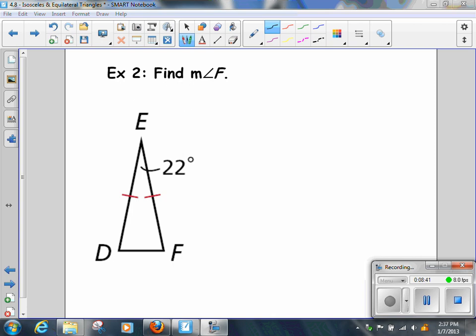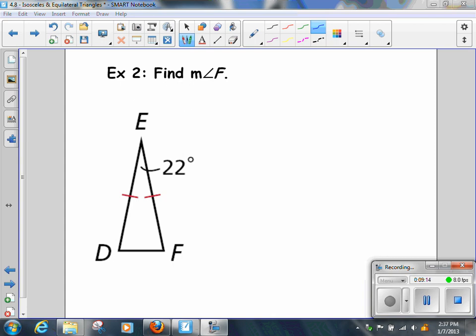All right, so let's look at this problem. Find the measure of angle F. What are we going to do? We got a triangle, right? Alexis, what's the sum of the interior angles in a triangle?